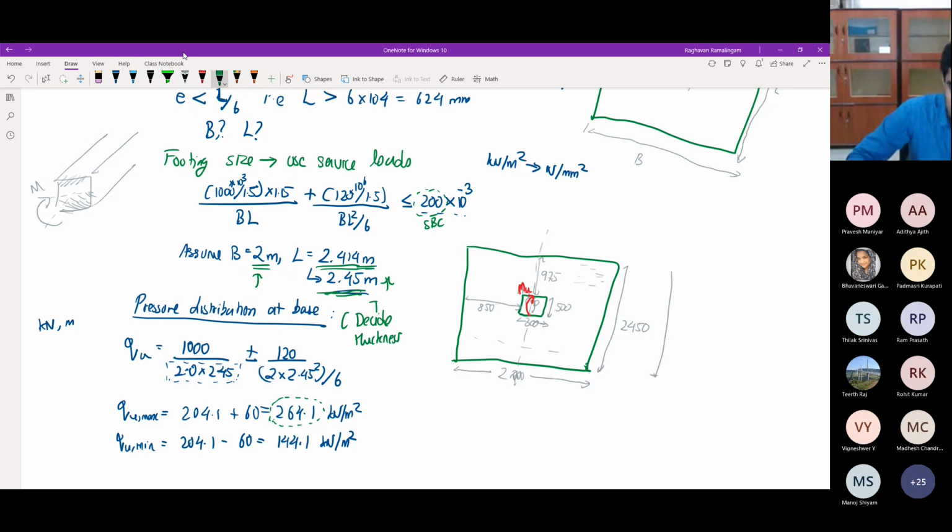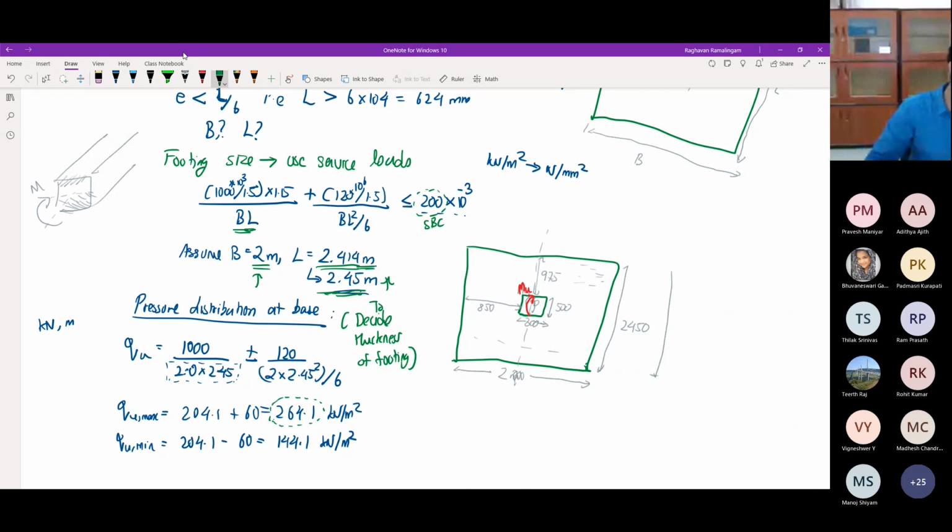thickness of footing. It is to decide the thickness of the footing, meaning how thick should we give the footing. So there is this bit of very disconnected approach where for calculating the planned dimensions B and L, you are using service loads, and for getting the thickness, you are actually using the factored loads or the ultimate loads.